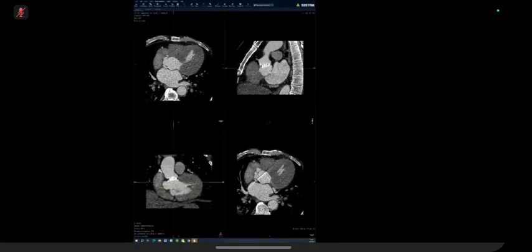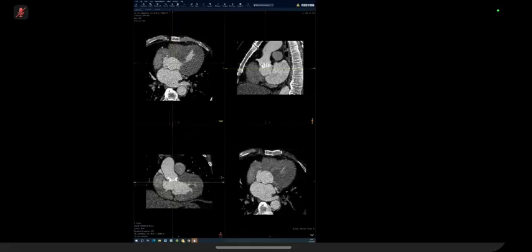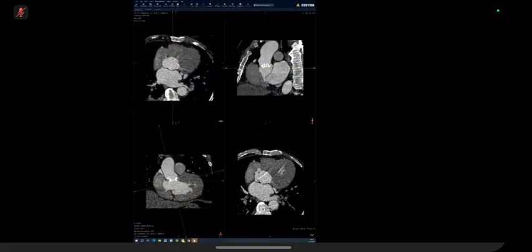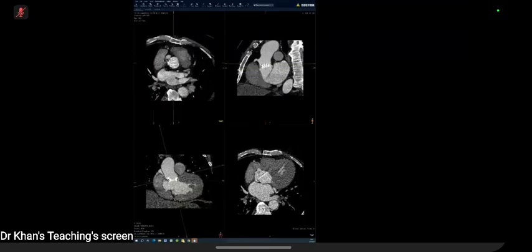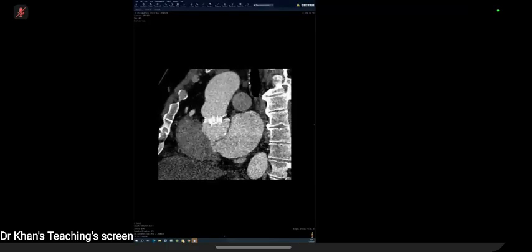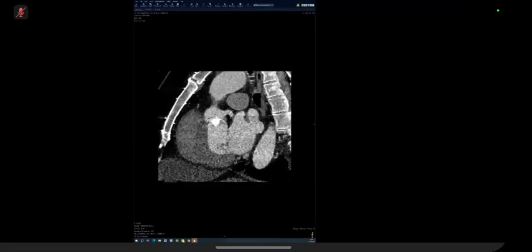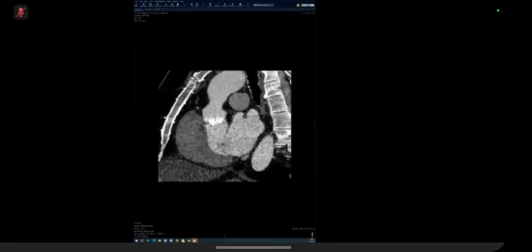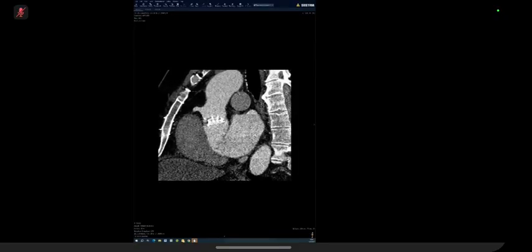So look at the aorta. Look at this view. That's one coronary. That's the other coronary. That's the artificial aortic valve.